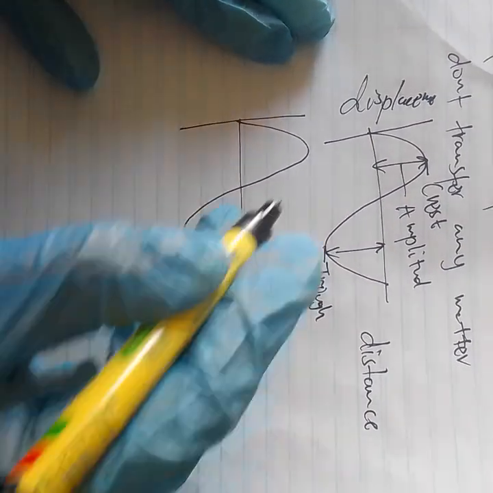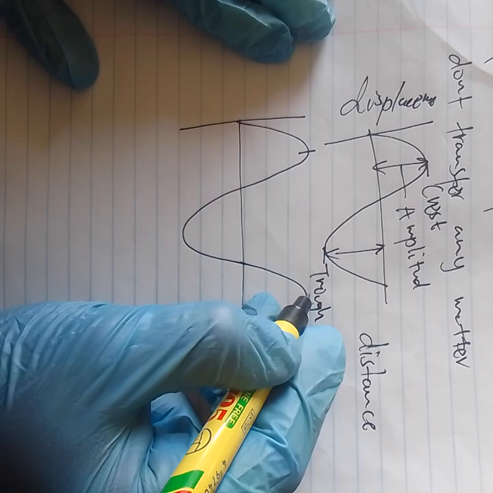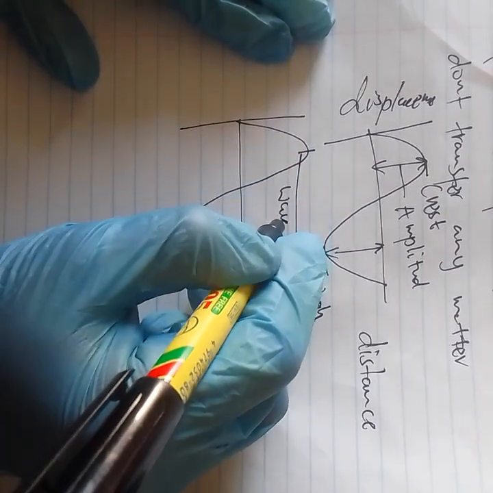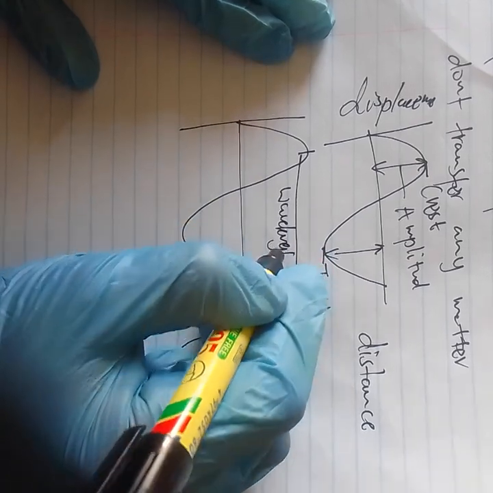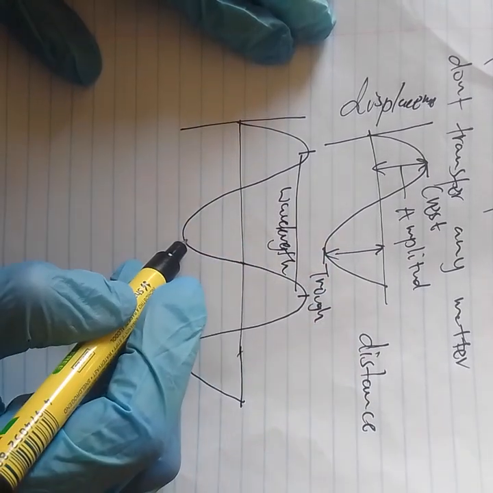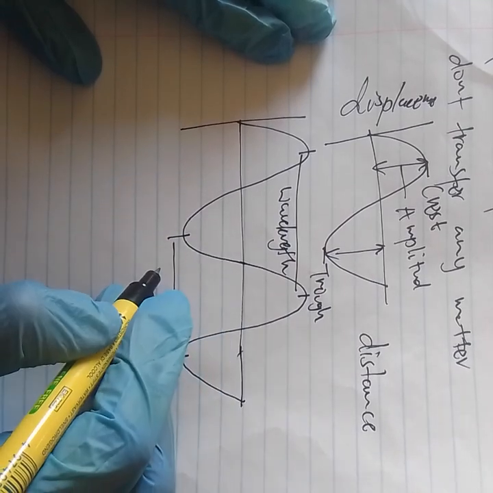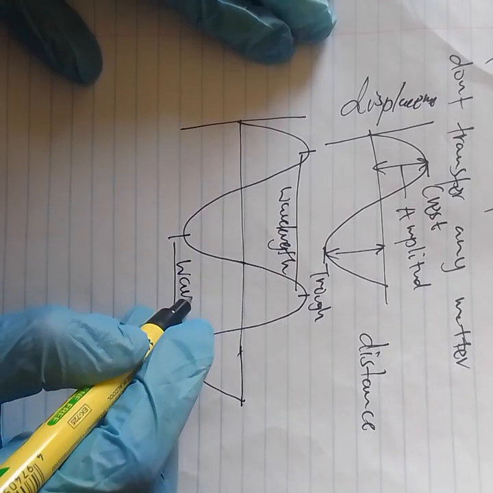The distance between crest to crest is equal to the distance between trough to trough, and is called the wavelength.